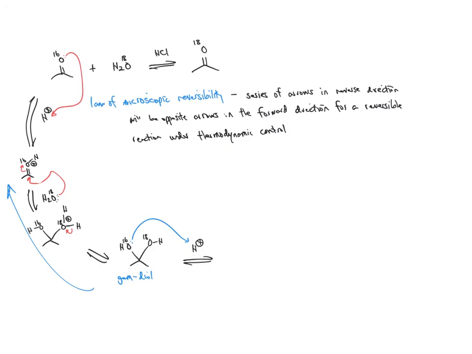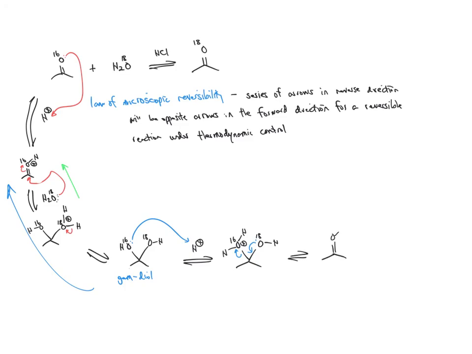And so again, this is the law of microscopic reversibility. And so we can draw out the product of this. The product of this step is we've got now O16 labeled protonated alcohol. The reverse step here, going in this direction, would be to take the reverse of water attacking the carbonyl, which would be water being released from the carbonyl. So let's take our lone pairs on oxygen, kick them down, form a double bond, and release water.